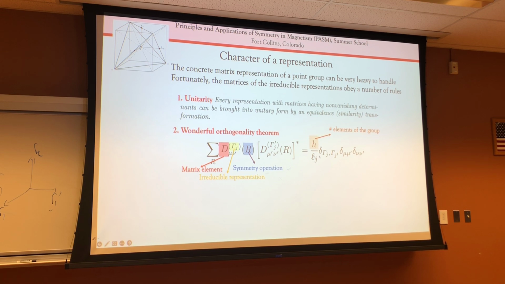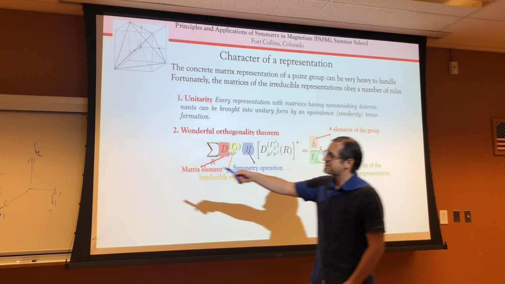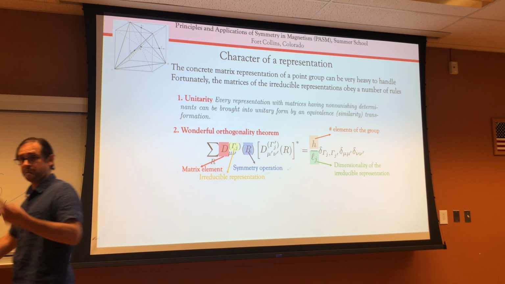H here is the number of elements in the group. So in D3, H equals 6. In Td, H equals 24, and so on and so forth. Okay? And this guy here is the dimensionality of the representation. So the dimensionality of gamma 2 is 2. Right? You have 2 dimensions here.